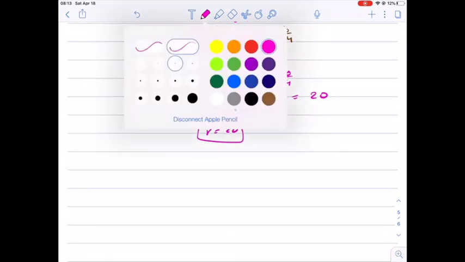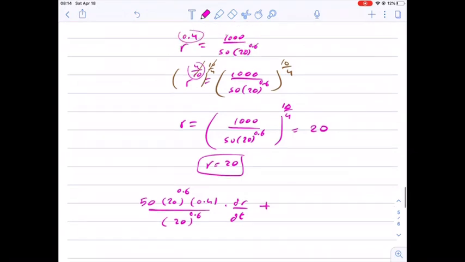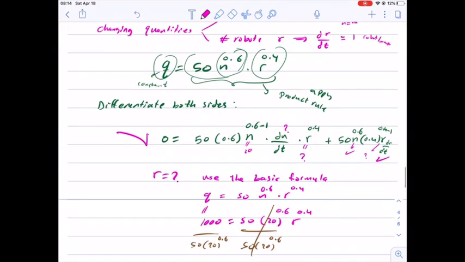Now r is known, so we substitute it into this formula. After differentiating the basic formula, we substitute r and dr over dt to find dn over dt. So substituting that, we get 50 times n is 20 to the power 0.6 times 0.4 over 20 to the power 0.6 times dr over dt, plus we substitute here.